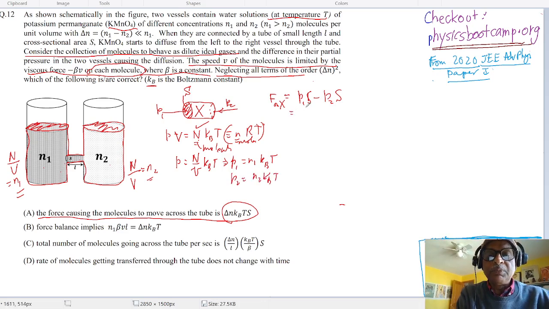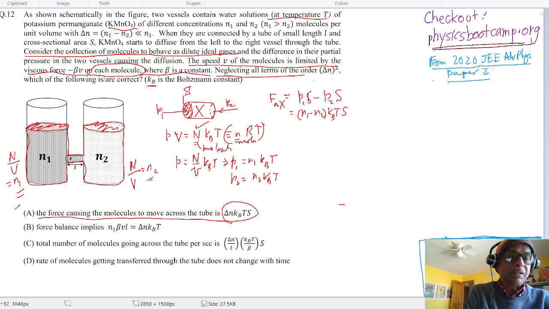So this will be N1 minus N2 times kBTS, and that's delta N kBTS, and that's correct. So A is correct.